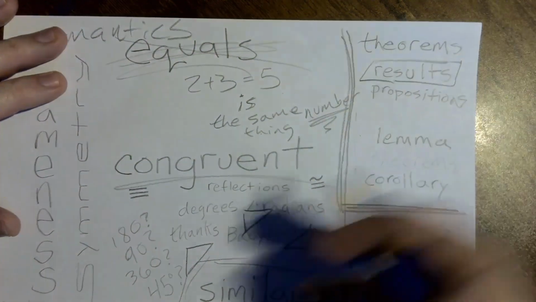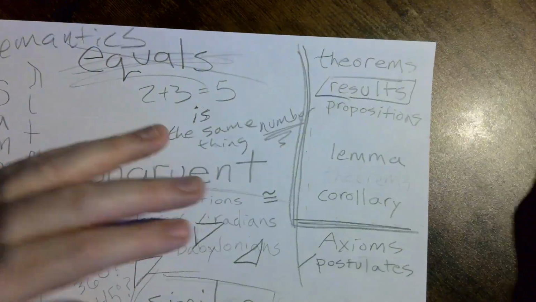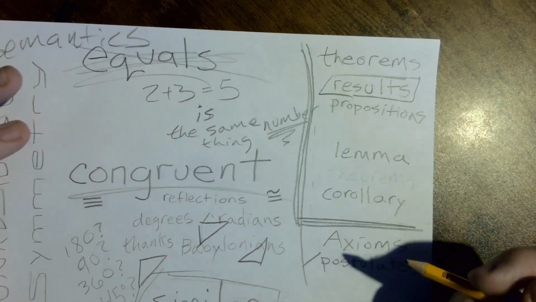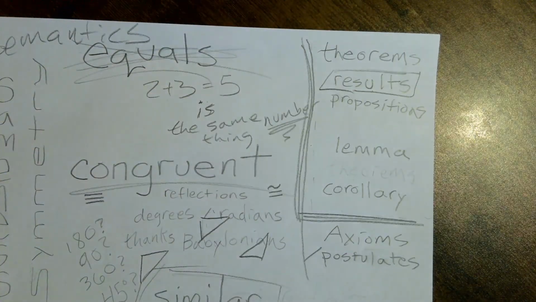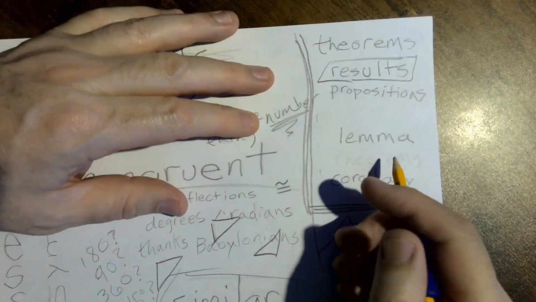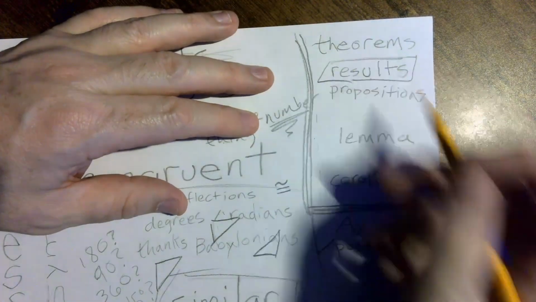If it's just something for what we have in here, it might be such a specific situation. It's not very useful in proving other things outside of that one puzzle or that one figure. So maybe it would just be called a result, but a result is a theorem.